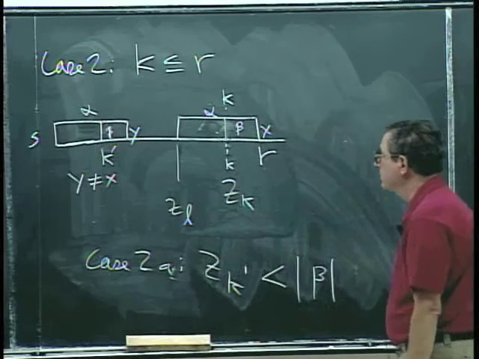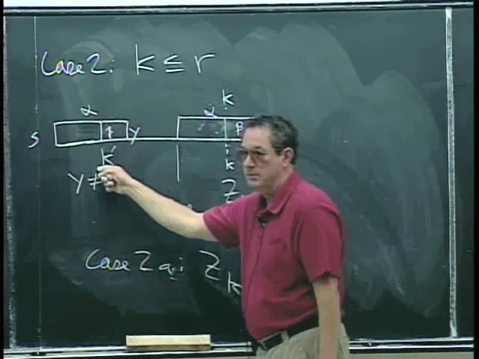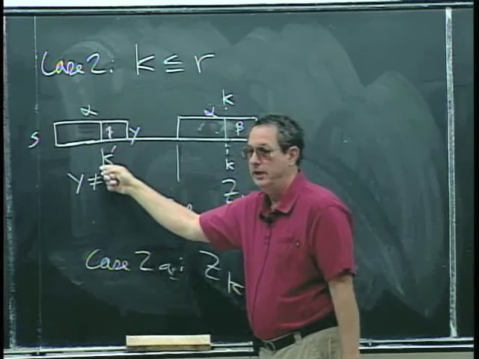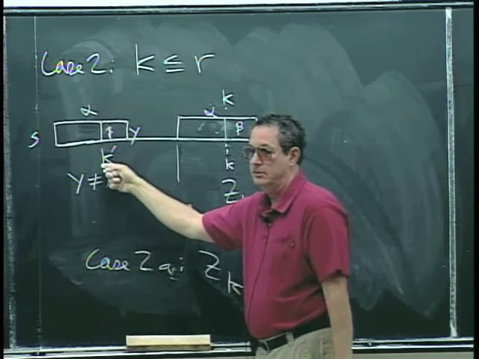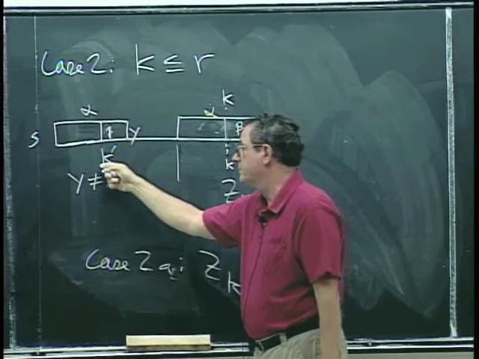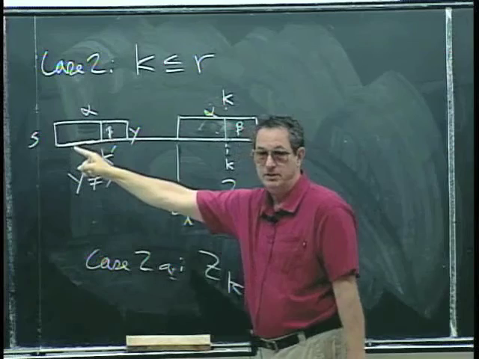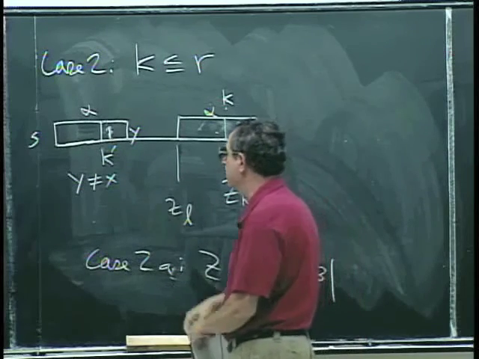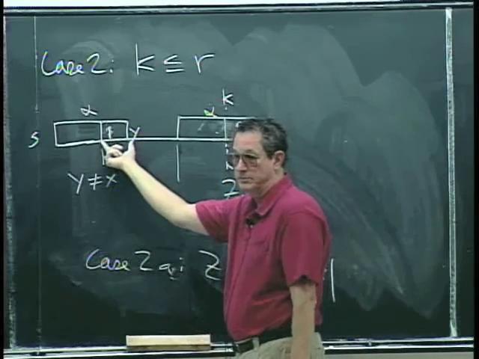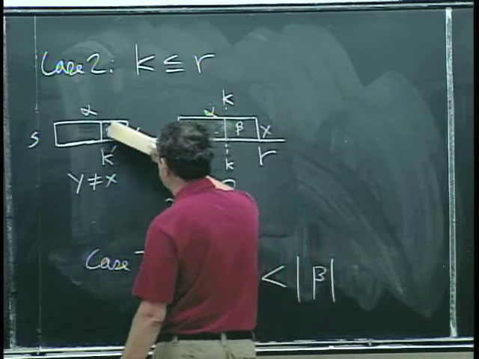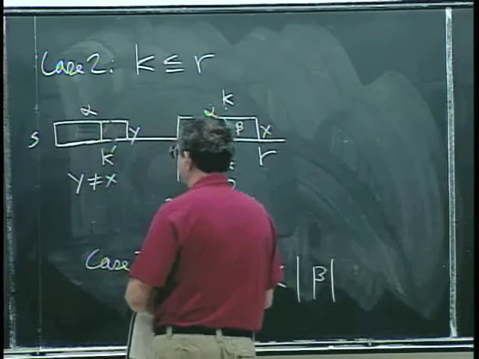So starting at K prime, the length of the longest substring that matches a prefix, that length is less than the length of beta. So let's draw that picture. I'll put beta up here.